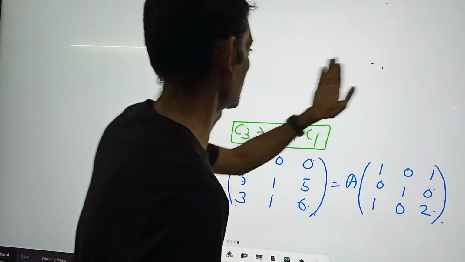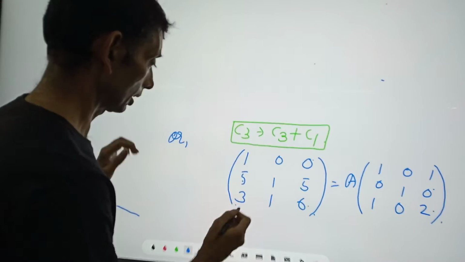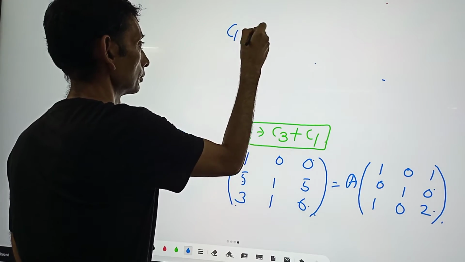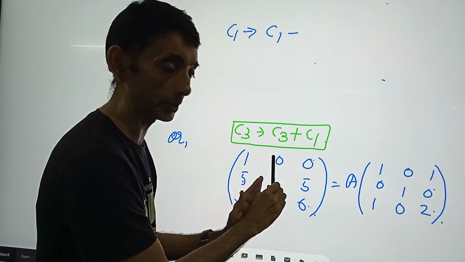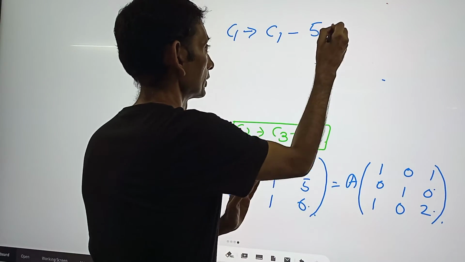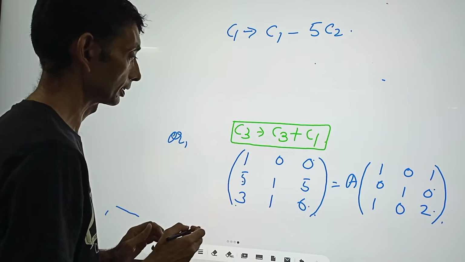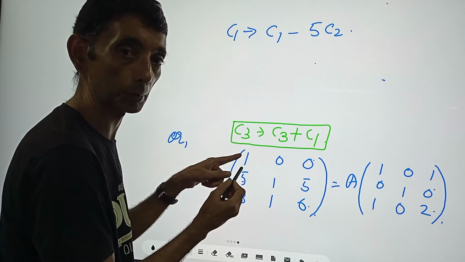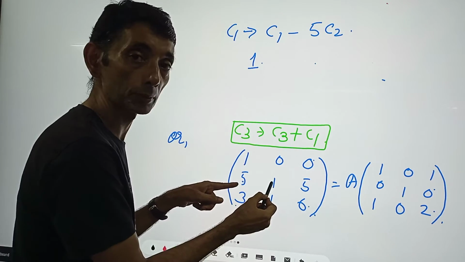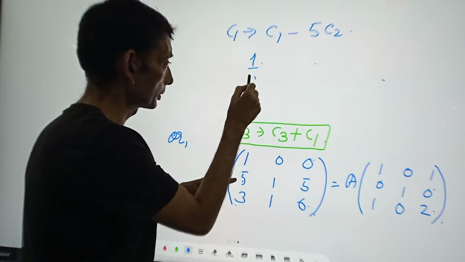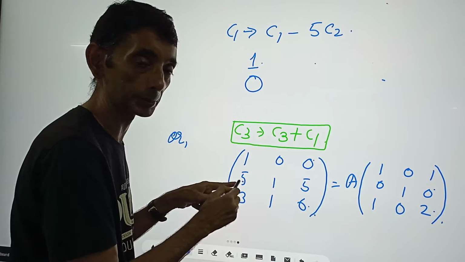What are the next steps? Using C1, C1 minus, we multiply column 2 by 5, so C1 minus 5 C2. Let's see. There is no change in this first number, because it is 0. So it's 1. If you multiply this one by 5 and subtract, this will be 0, because we need this number to be 0.